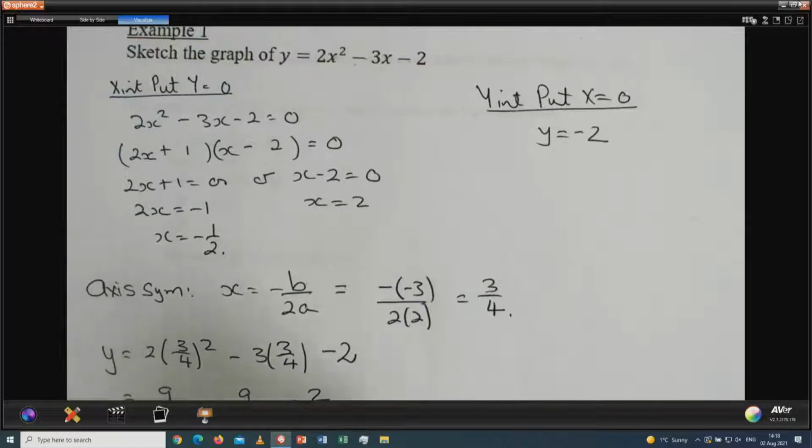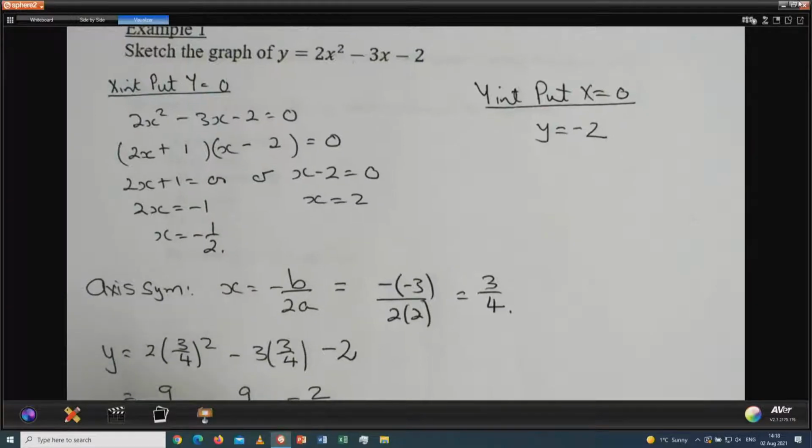So your LCD here is 8. So it's 9 minus 18 minus 16. So this becomes 9 minus 18 is negative 9, negative 25 over 8.